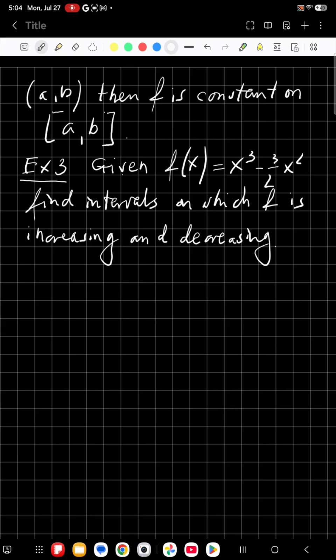The first thing, let's take a derivative. So f prime of x. The derivative of x cubed is 3x squared. And the derivative of negative 3 over 2 x squared is just 3x. The 2 goes to the front, subtracting 1 from the exponent, so the 2's cancel out, and we get just 3x.